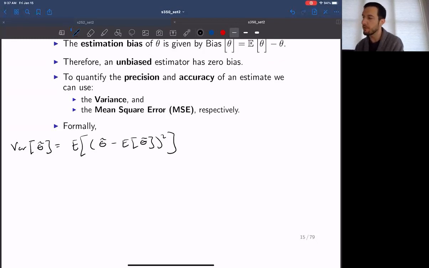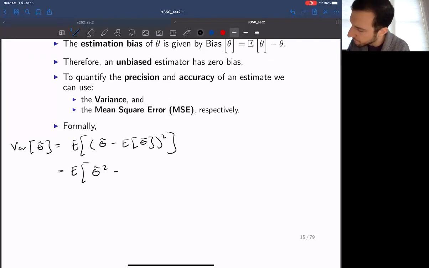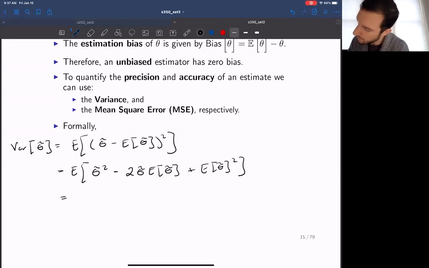If you wanted to simplify this, you could expand the bracket notation out. So, just for the sake of completeness, we can also show that this would be theta tilde squared minus 2 times theta tilde times the expected value of theta tilde plus the expected value of theta tilde all squared, right?